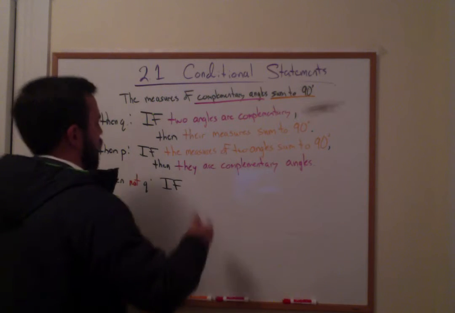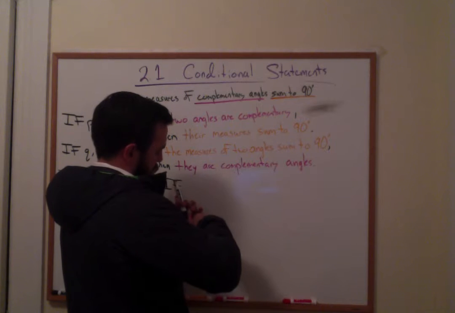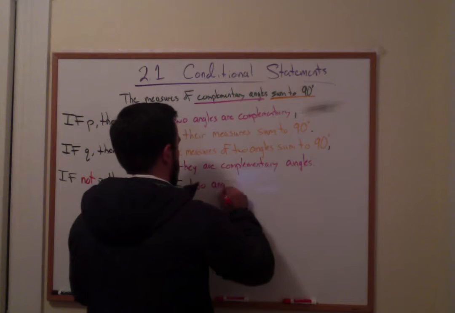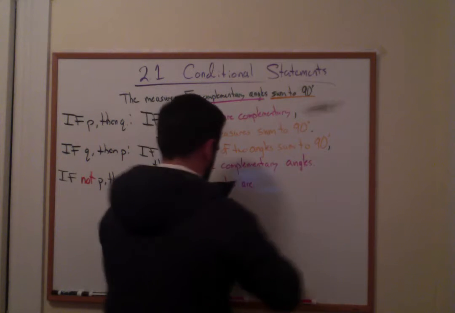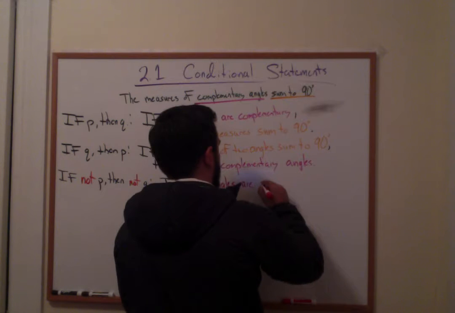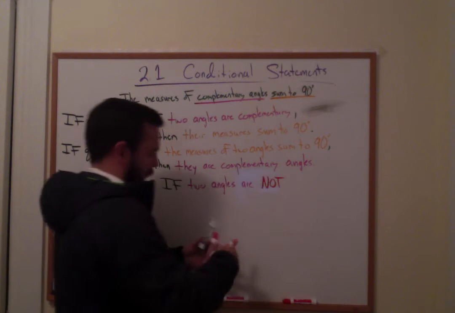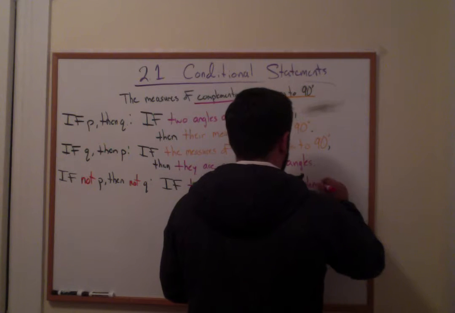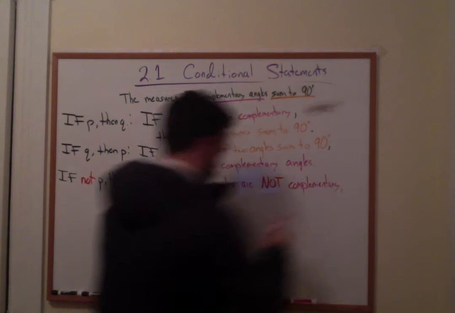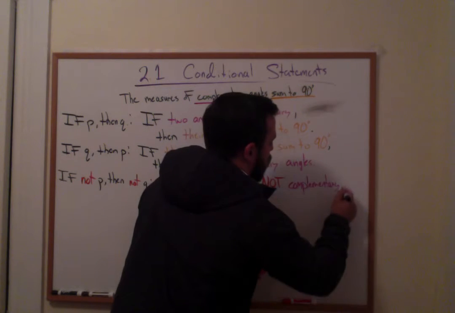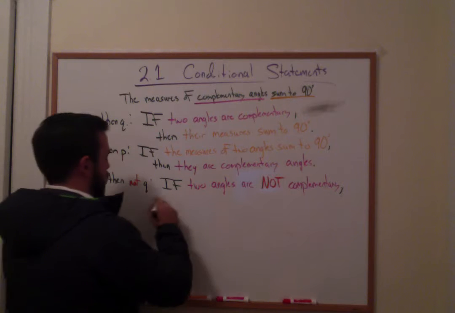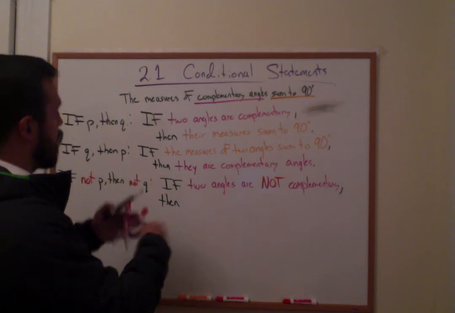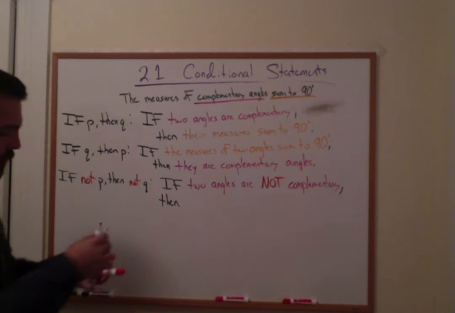Where's my pink marker? Here we go. If two angles are not complementary, then, orange, here we go. Got a lot of markers.